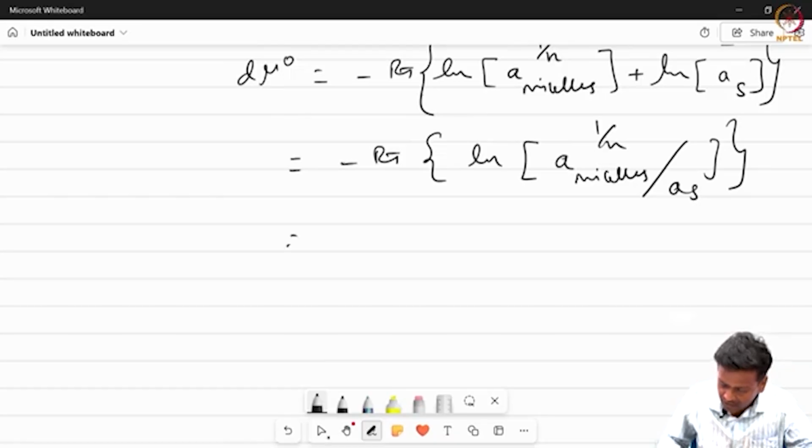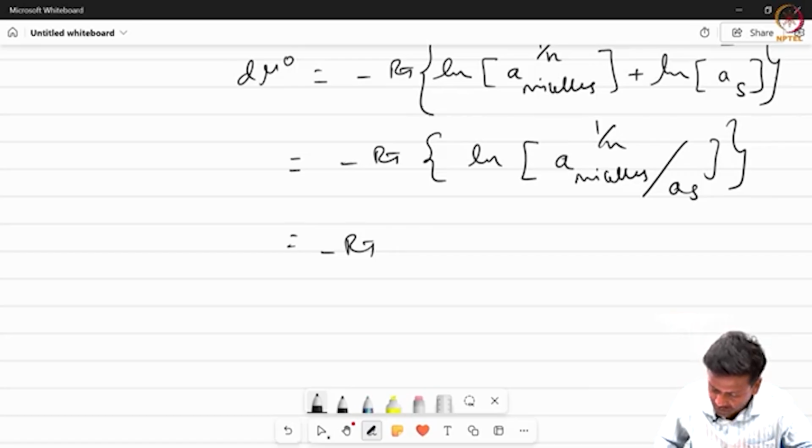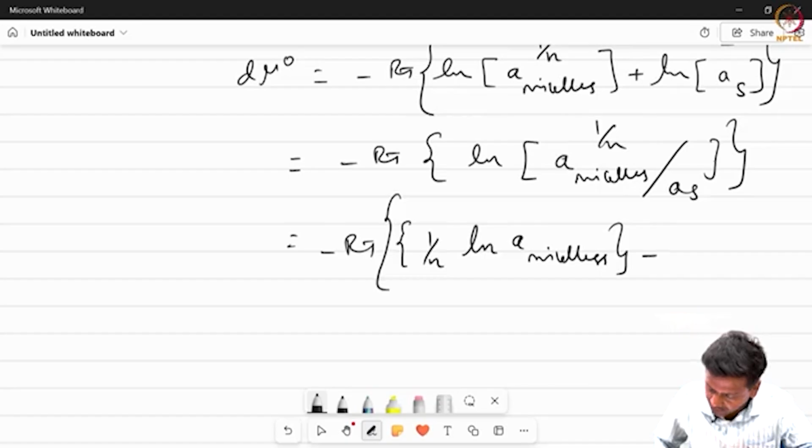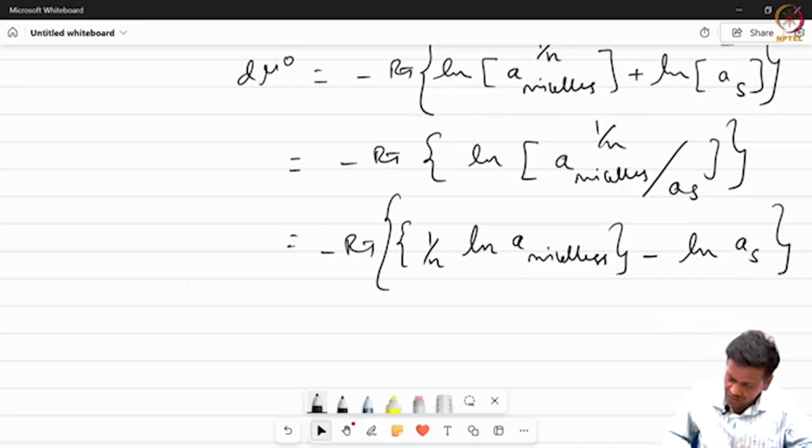This I can write as minus RT, and decompose again: minus RT times 1 by n ln a_micelle, then minus ln a_S. So this is what we have.